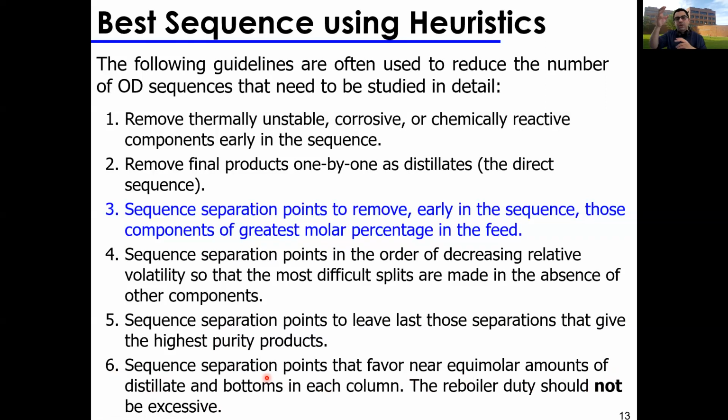I want it to operate in a balanced way, where I have a good amount of products and a good amount of bottoms as well. This goes back also to point number 3, where you try to eliminate the component with the highest molar percentage first, and you leave everything else at the bottom. So now at the bottom I have a good amount, and I can have a balanced column next, and a balanced column after that as well.